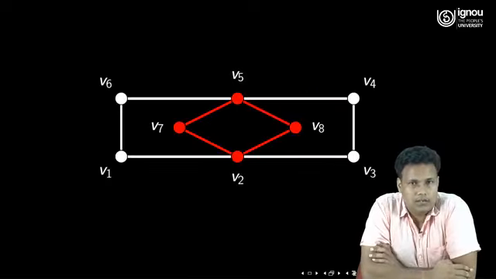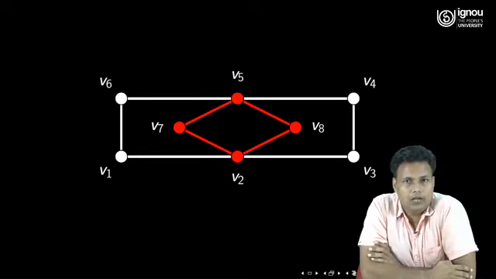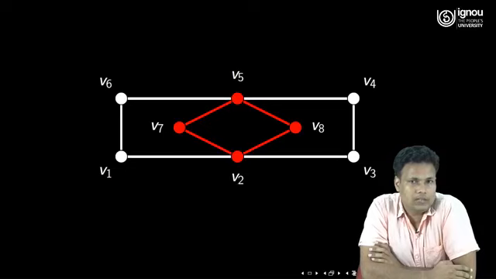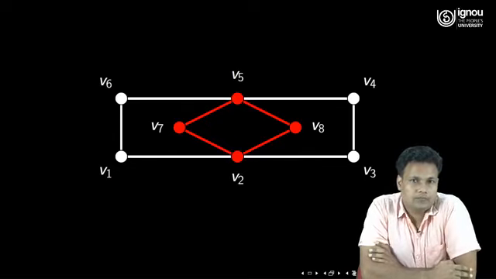For instance, in this graph, we have seen that the vertices V2, V7, V5 and V8 have minimum eccentricity which is 2, and hence they induce the center of G as shown in the red vertices and edges.